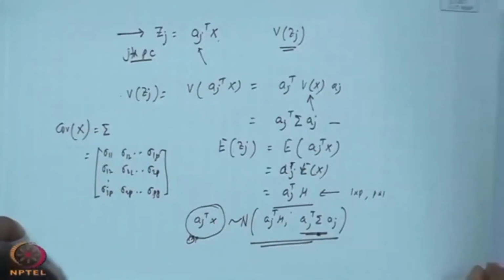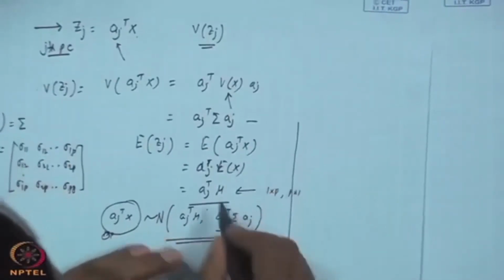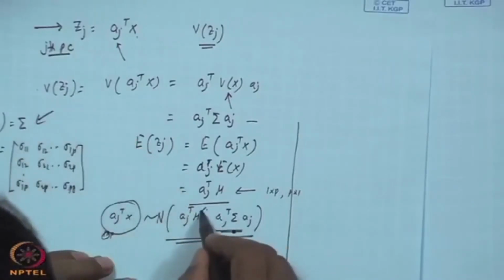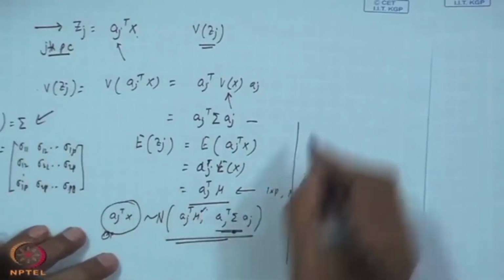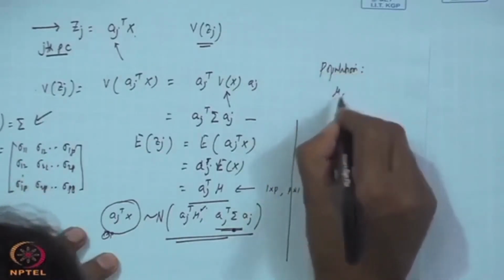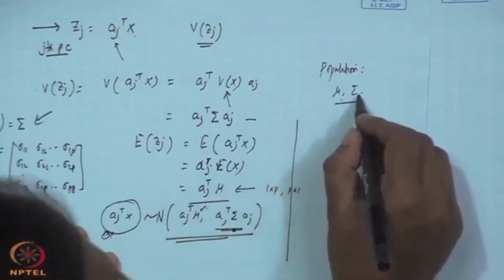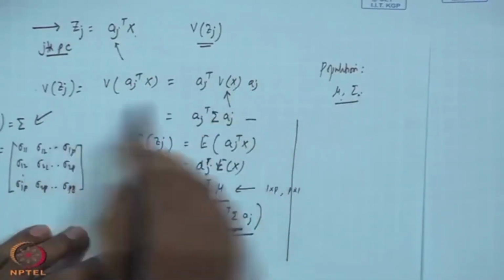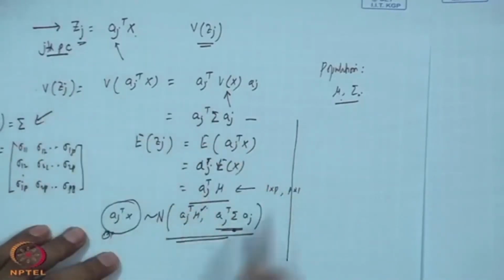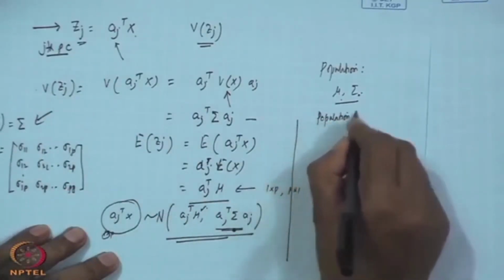Now, if you know the values of capital sigma as well as mu, which are population parameters, and then given a data matrix you go for this type of extraction of Zj, this is known as population PCA.